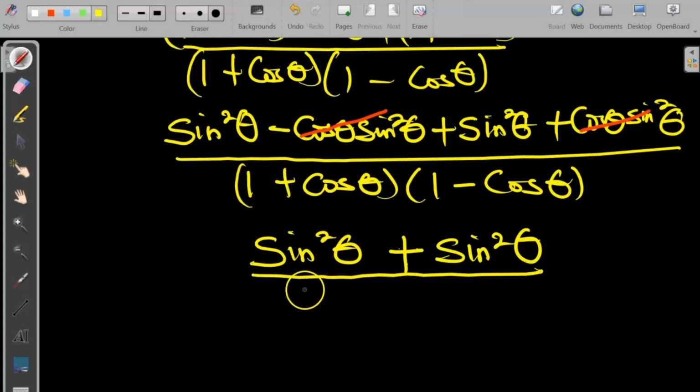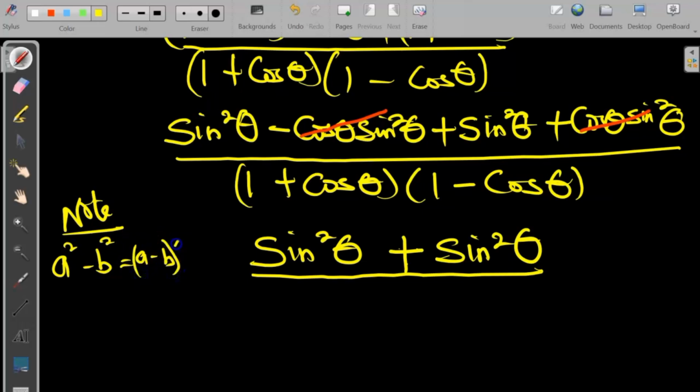Let's look closely at our denominator. We have difference of 2 squares. Note, if we have a squared minus b squared, it gives us a minus b, then a plus b.